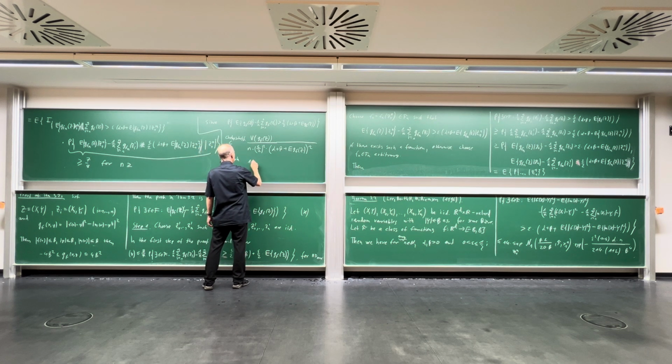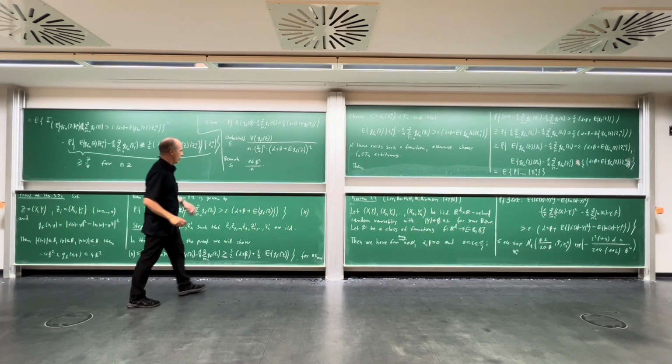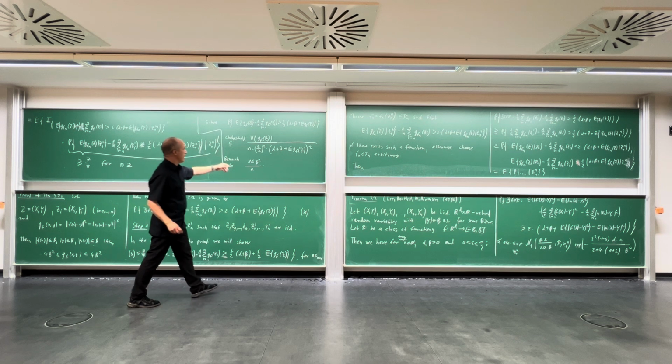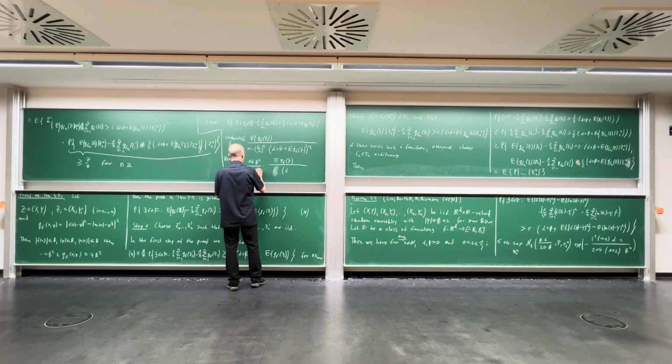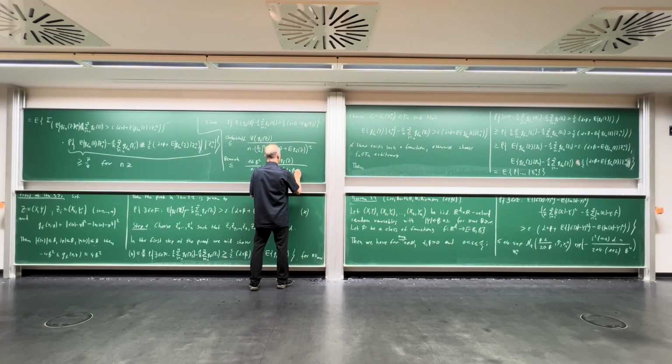So that's 16b squared, which I might bind together with n, and then we have the expectation of GF of Z over epsilon squared times 4 times alpha plus beta plus expectation GF of Z.